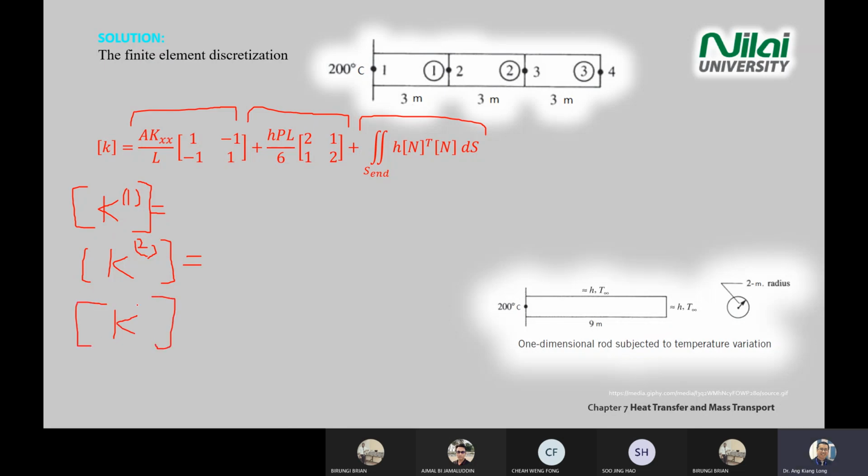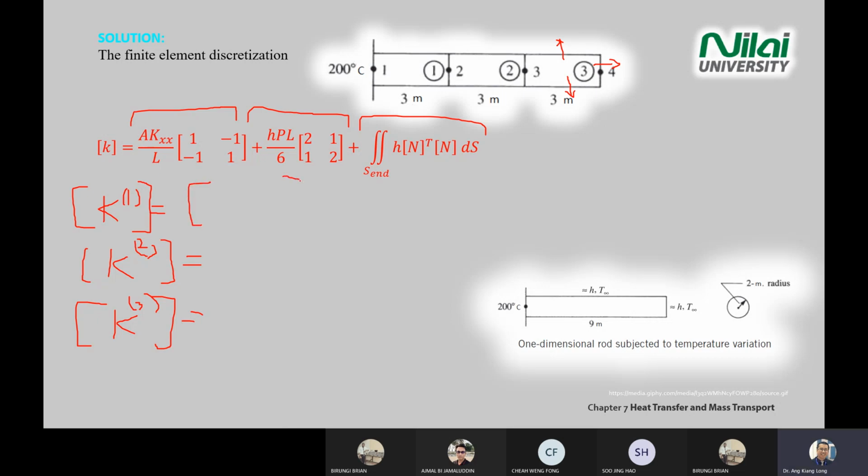Okay, Chia, what about number 3? We have to use all. Okay, element 3, we have to use all because it's exposed, no insulation layer, and also there's an end convection there. So just be careful on that.